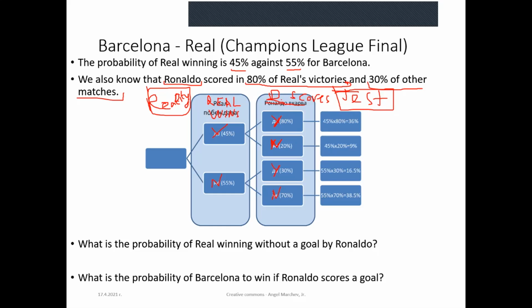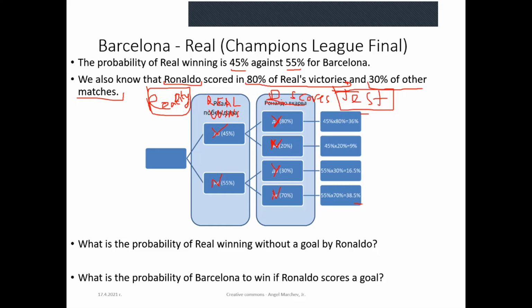And obviously, these two values are the extreme values here. You can have the same intuition. If Ronaldo scores, obviously there is a good chance that Real has won. And if Ronaldo doesn't score, there is a good chance that Real has not won, because at least there is one score less. Okay, this is our decision tree with its joint probabilities.